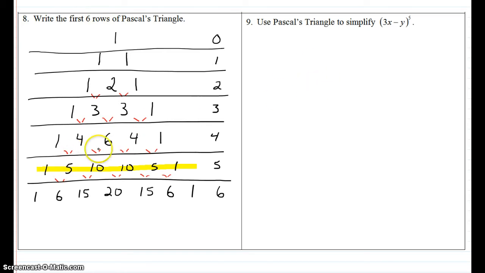Alright, so we're going to use these coefficients. 1, 5, 10, 10, 5, 1. And we're going to start making our table.